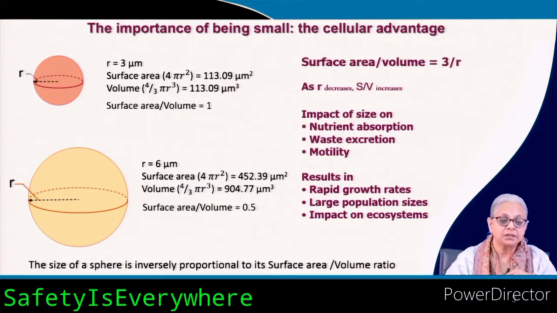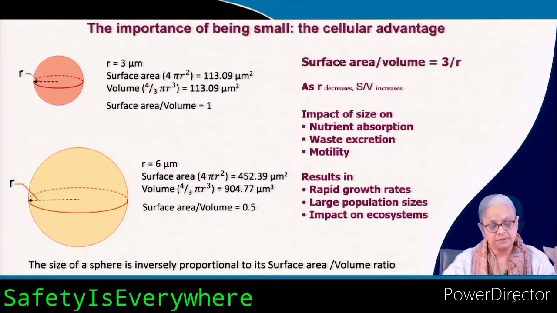So the entire surface area is available for the bacteria to feed and get nutrients. So this surface area by volume ratio is crucial, and that is what determines the ability of the bacteria to get what it needs from the environment.